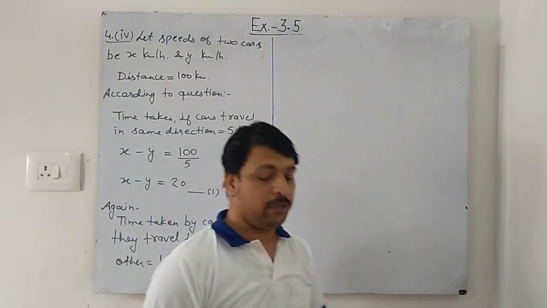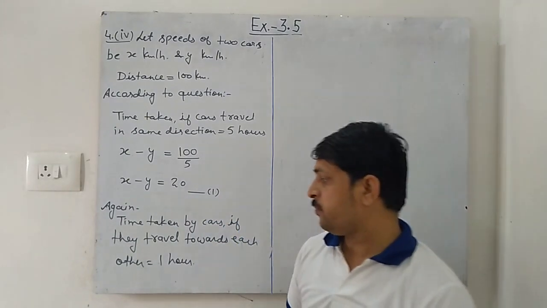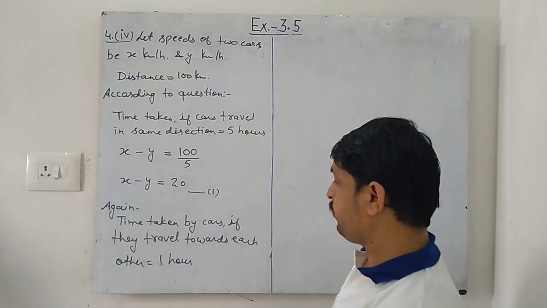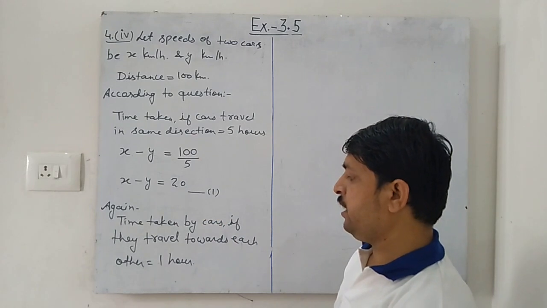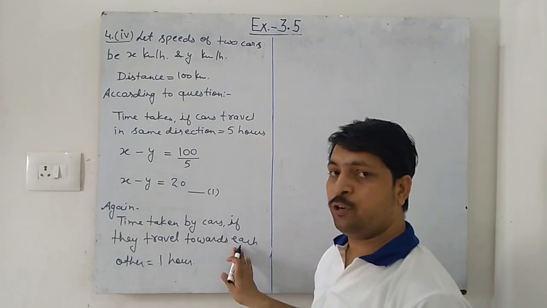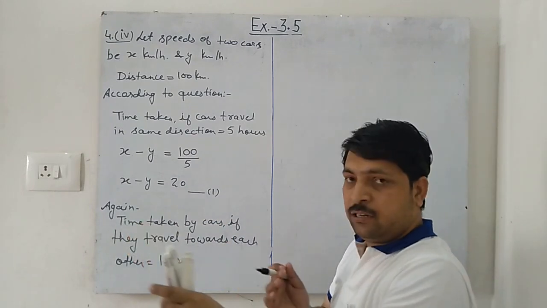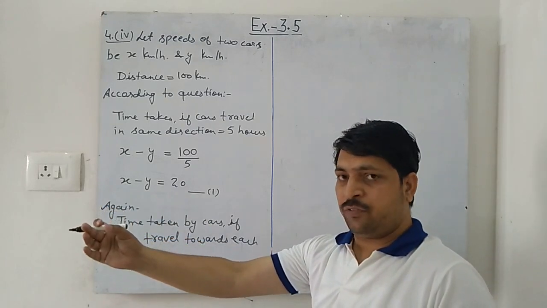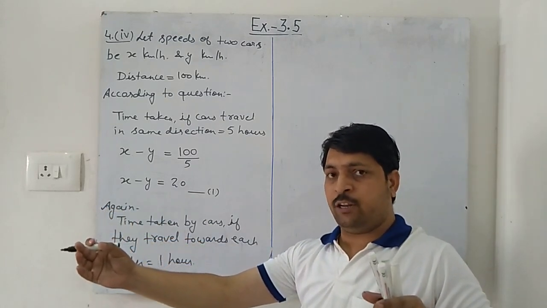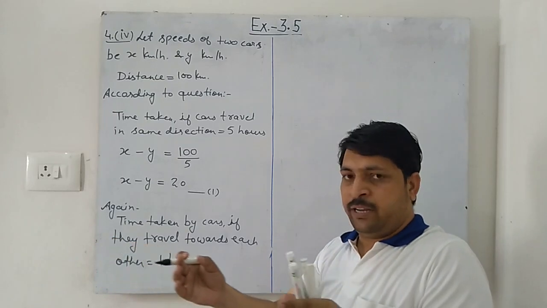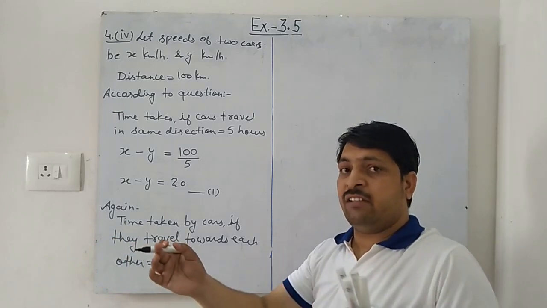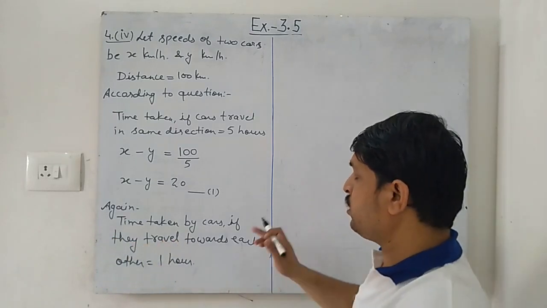So what will be the relative speed in this case? The both cars are traveling in opposite direction. They are coming towards each other. So x kilometer per hour speed of first car, and here y kilometer per hour speed. So if they are coming towards each other, then the relative speed will be sum of both cars.